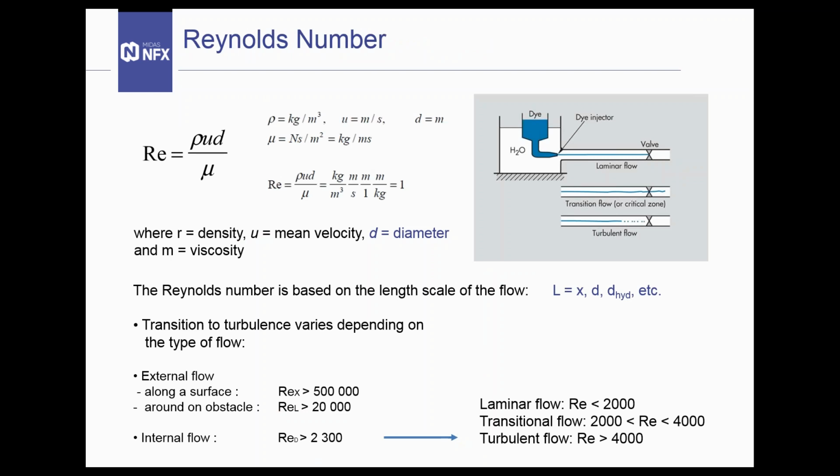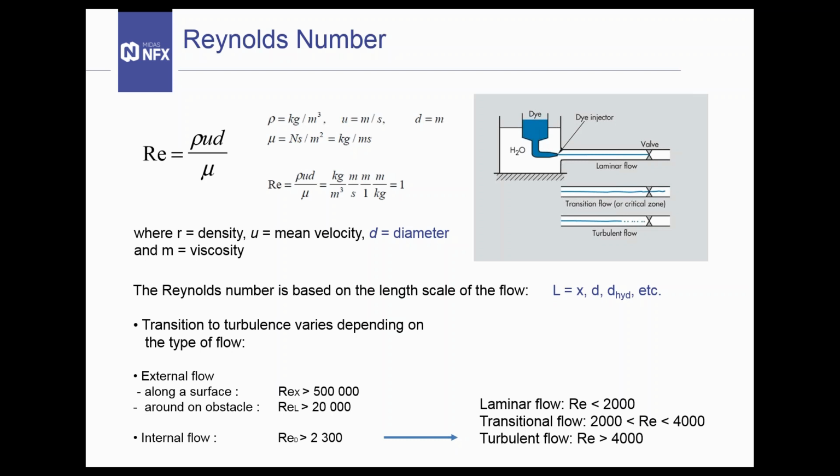So if you take a look on this parameter, at the top of this equation there are several data like density, diameter of the pipe, or let's say characteristic dimension, and at the bottom we are observing the viscosity.